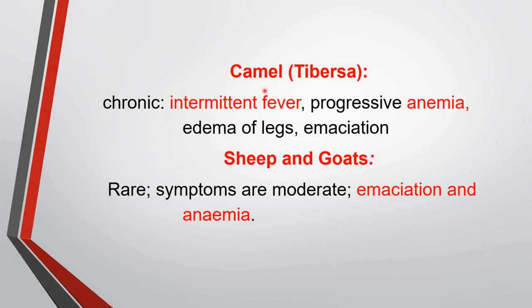Now symptoms in camel. In camel it is called Tibersa or Thin Bursa. Generally a chronic form is found. Characteristic symptoms are intermittent fever, progressive anemia, edema of legs, and emaciation, especially of the hind parts.